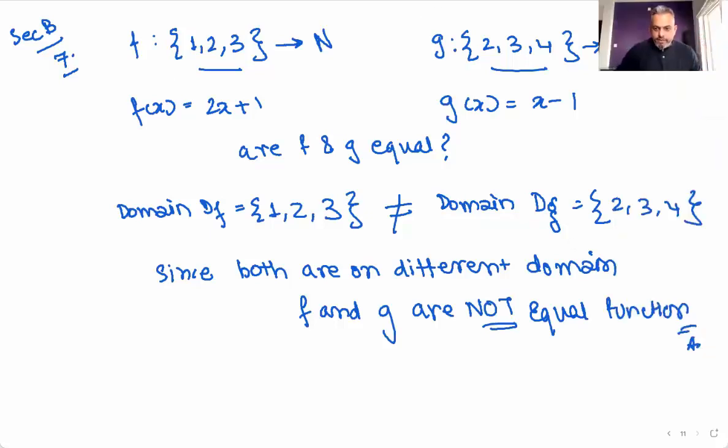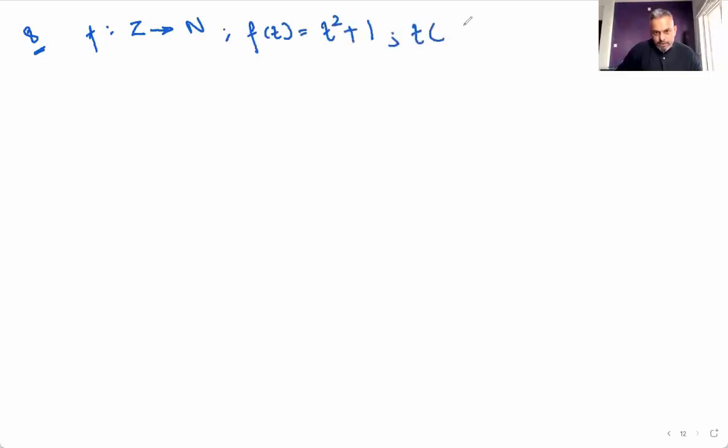Now, eighth one, again eighth and ninth very important. Function from z to n, f of t is equal to t square plus 1, t belongs to z. We have to find the type of function.